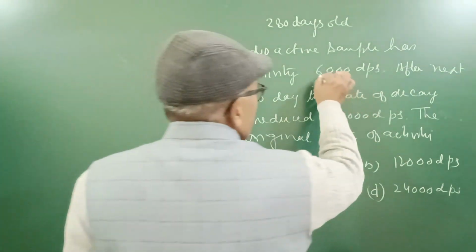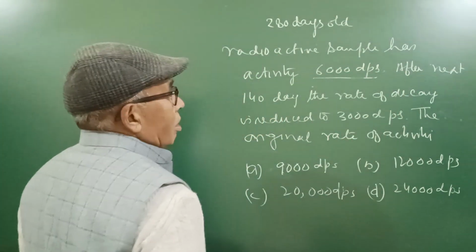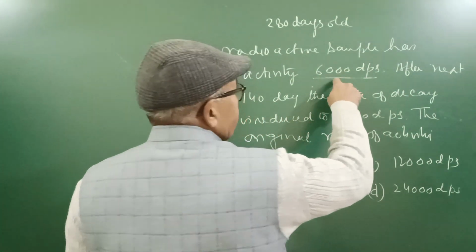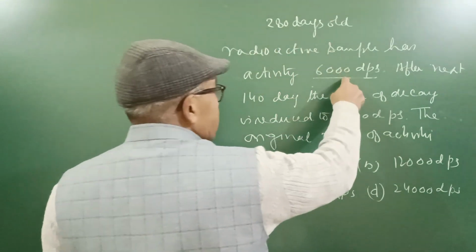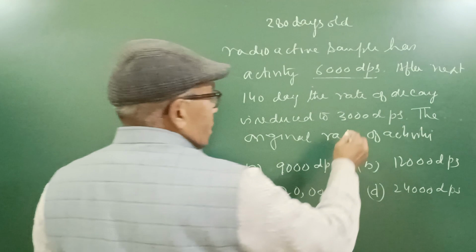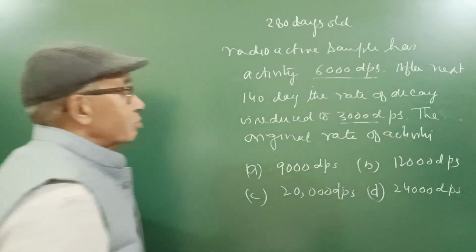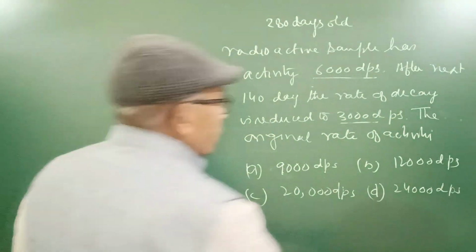Here lies the answer. At present, after the next 140 days, the rate of decay reduces from 6000 to half.